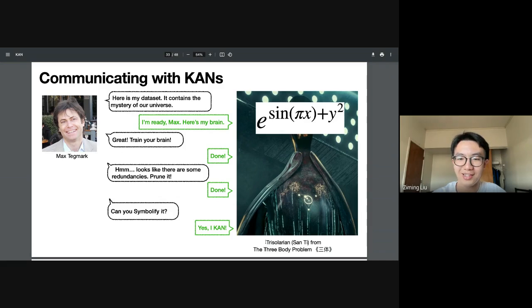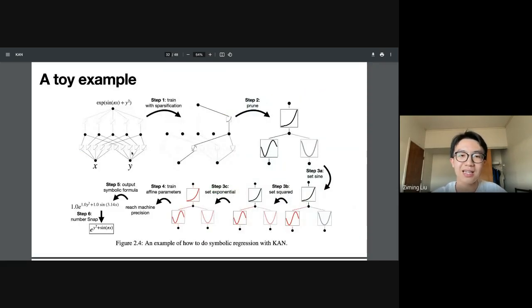If you watch the Netflix series The Three-Body Problem, there are these Trisolarians whose brains are totally transparent, so they cannot hide any secret from others. My point is that KANs, as I showed here, are like the brains of those Trisolarians.